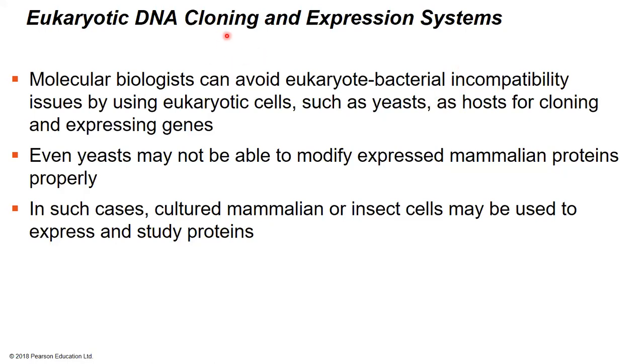Some expression systems are eukaryotic expression systems. So eukaryotic DNA could be cloned into vectors, and these expression vectors could be used to express the eukaryotic genes inside eukaryotic cells, like yeast, khamira. So yeast is a eukaryotic unicellular organism.